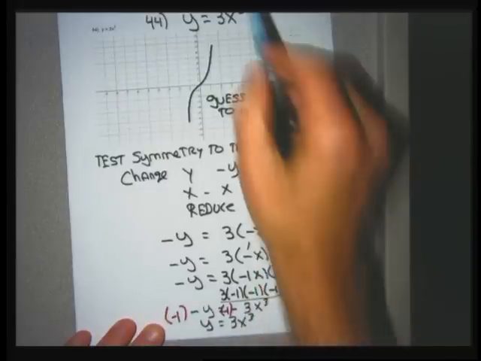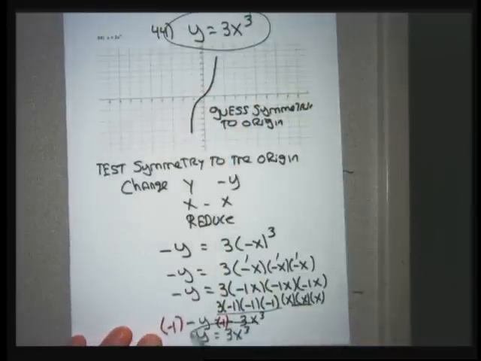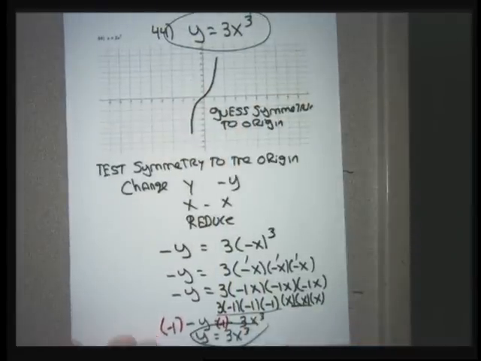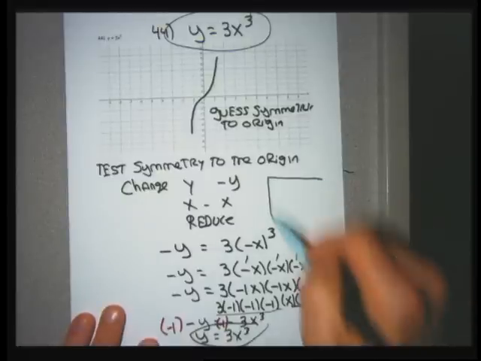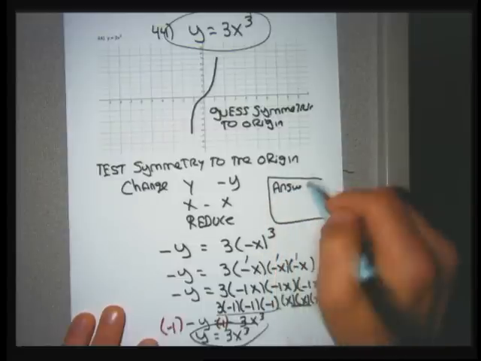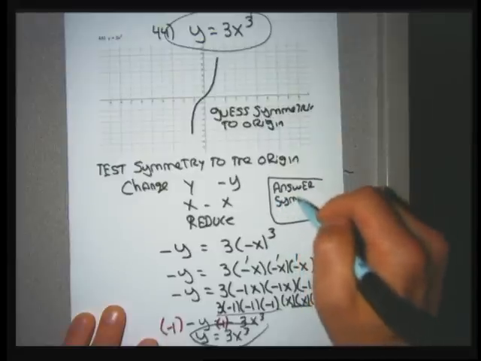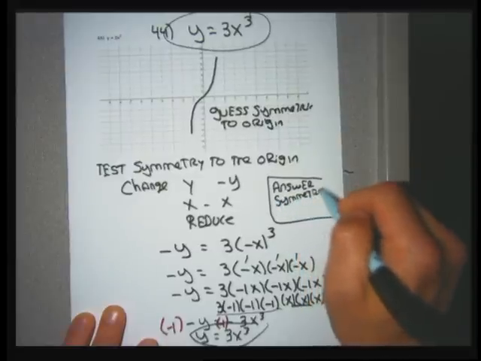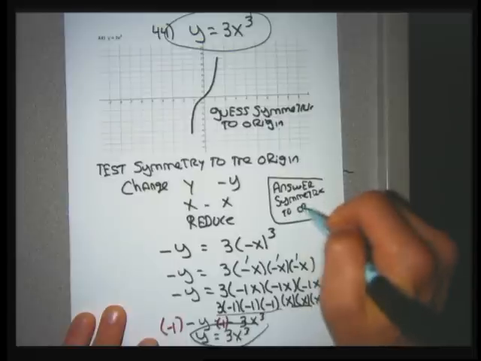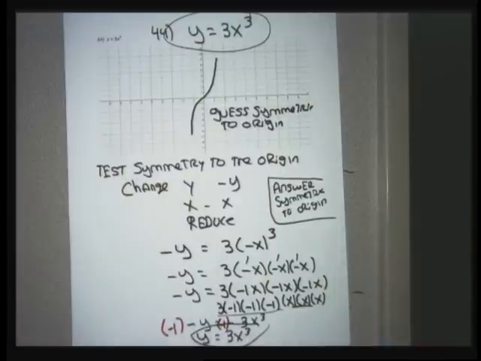Because the original problem, 3x cubed, and what I get after simplifying are exactly the same, my answer is the graph has symmetry to the origin, and I've shown it algebraically. So my answer is symmetric to the origin, and this is the test that you have to do. It's the hardest of the tests.